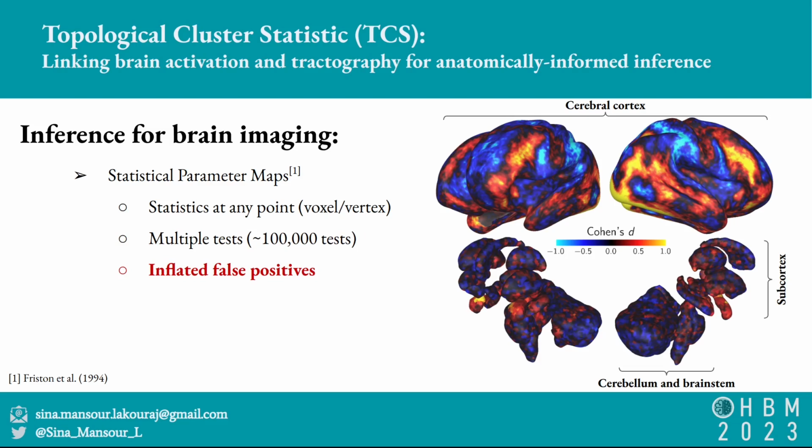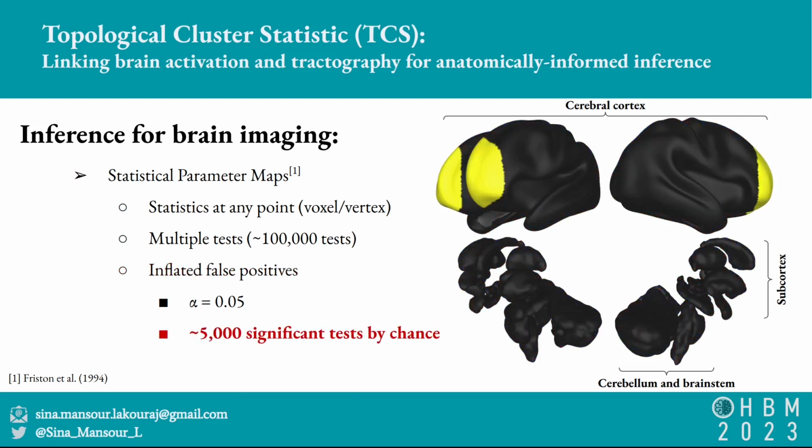Basically, if we use an alpha of 0.05, 5% of brain regions are going to be inferred as significant differences just out of chance. And to show you how severe 5% of brain regions would look like, this yellow region is just 5% of the whole brain. So it shows us how important it is to correct for multiple testing.